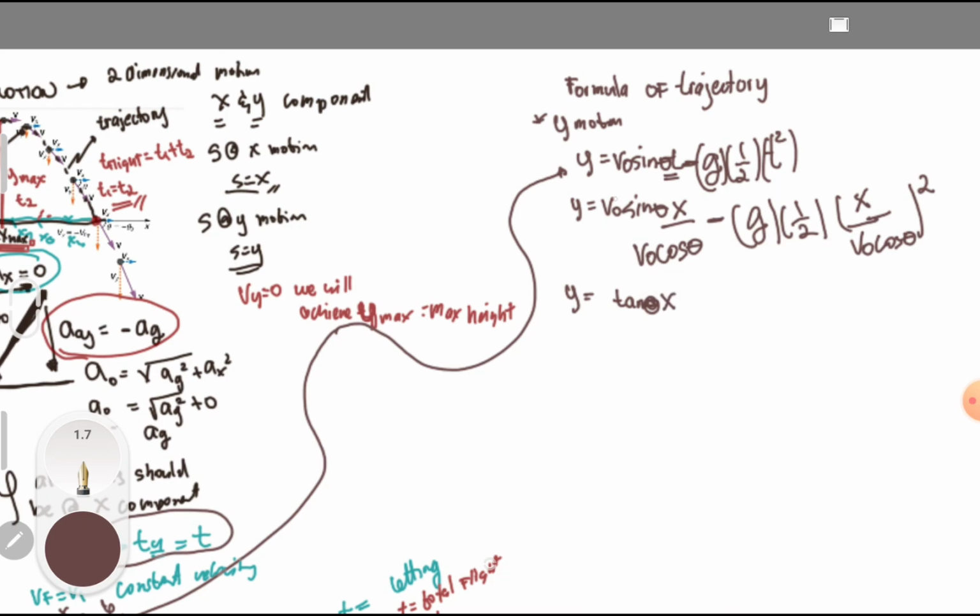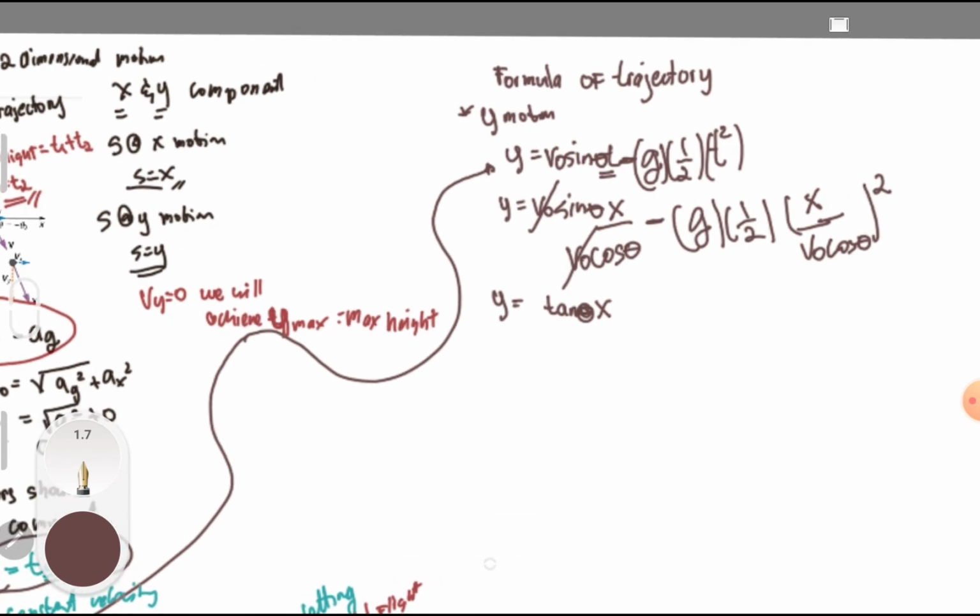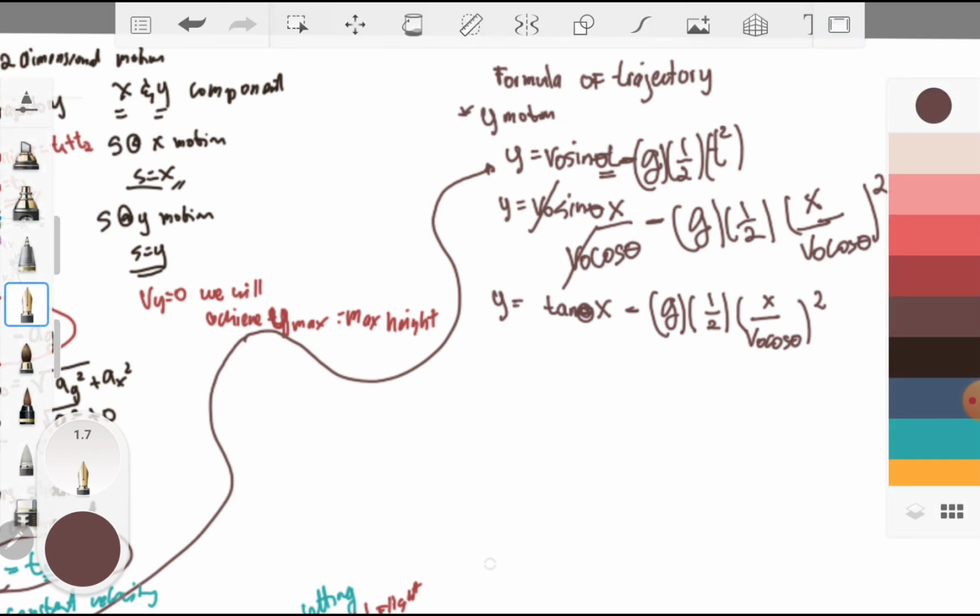Right? Tan theta kasi magka-cancel out to. Magka-cancel out yan. Tama ba? Then we will have negative g multiplied by 1 half multiplied by x over VO cosine theta squared. Okay? So this will be our formula of trajectory.